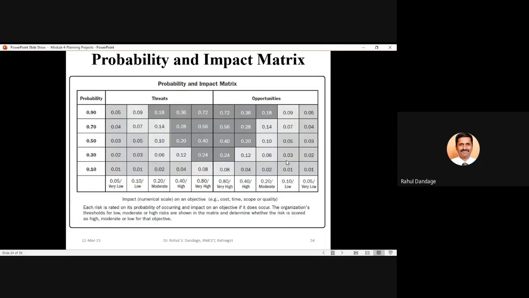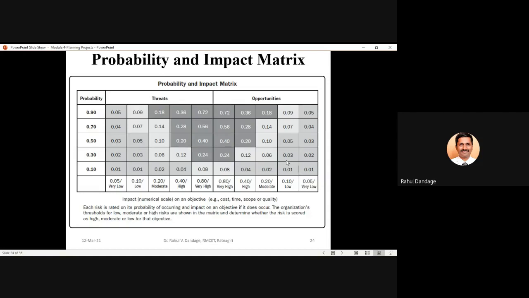This is a probability versus impact matrix defined by PMI. This diagram is directly taken from the PMBOK published by PMI.